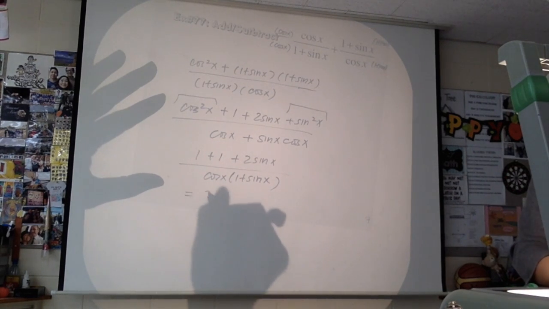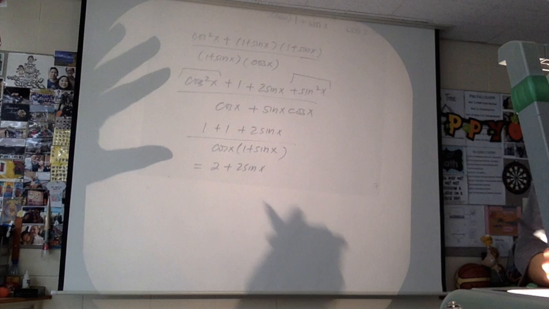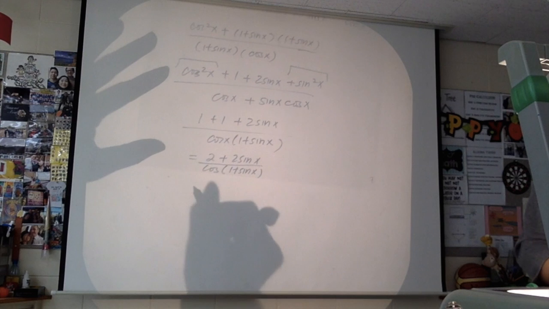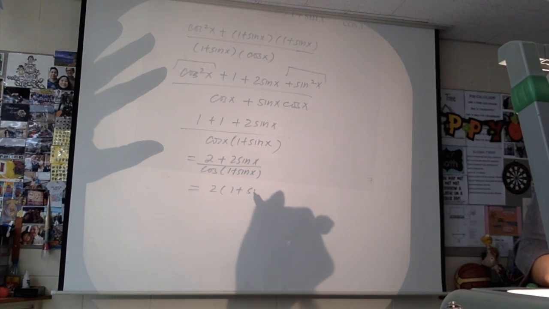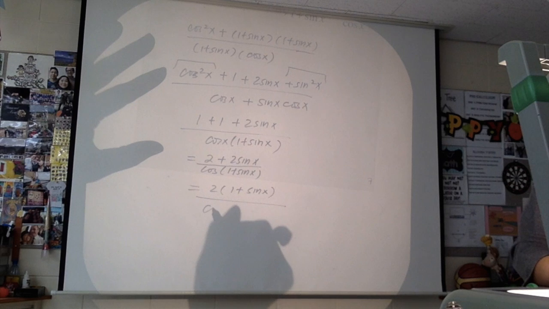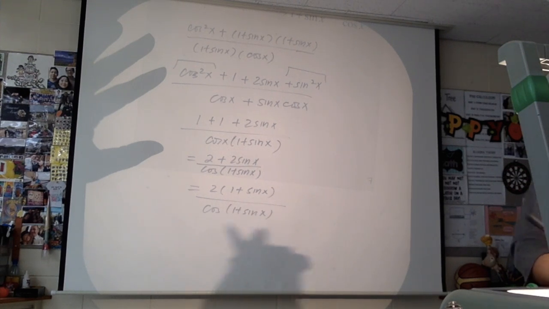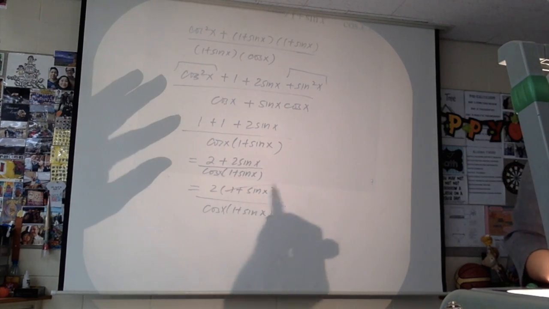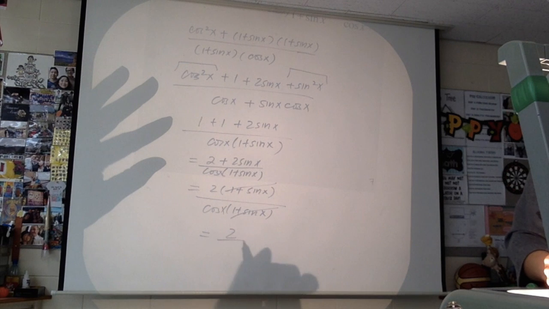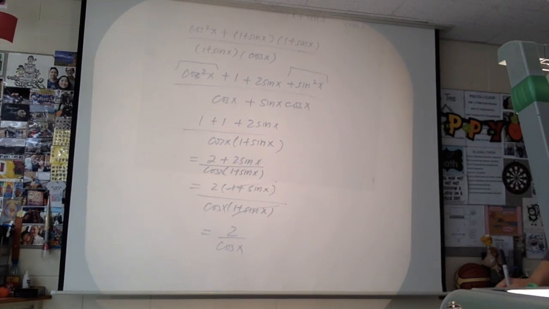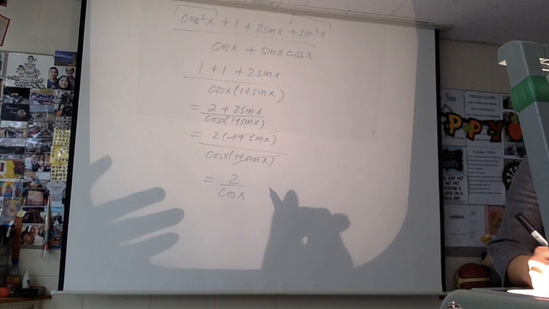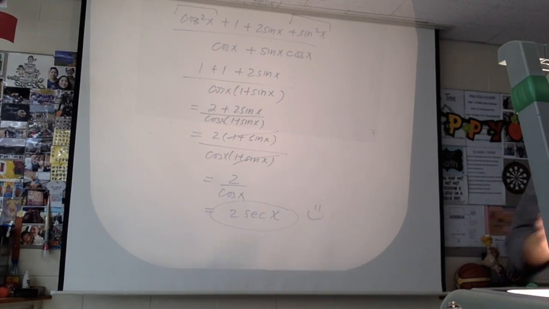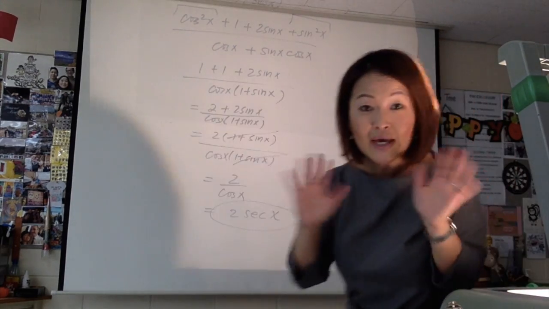Now, I get here 2 plus 2 sine x all over cos x 1 plus sine x, but I also know that that's going to be 2 times 1 plus sine x all over cos x times 1 plus sine x, okay? And you guys, the 1 plus sine x cancels, and you're left with 2 over cos x. But what that's actually, 2 secant x, and that's your solution. And you guys, that's really it for 5.1, okay? How easy is that? See you!